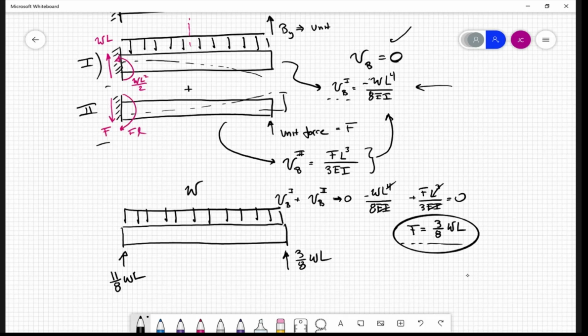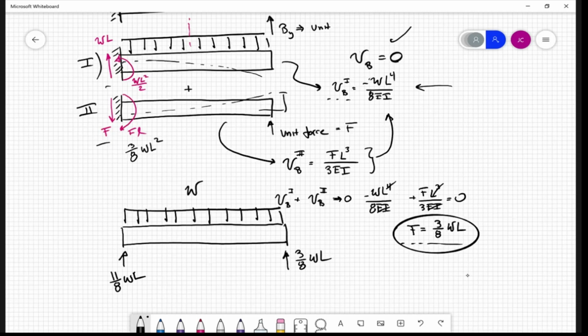And then we add these two moments together. Now they're actually acting in the opposite direction. So if I put in FL, if I put in W times 3/8 L, this becomes 3/8 WL squared. And they go in the opposite direction. So what's bigger, 1/2 or 3/8?